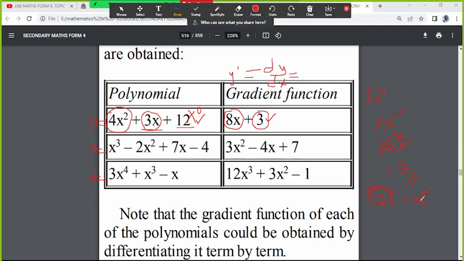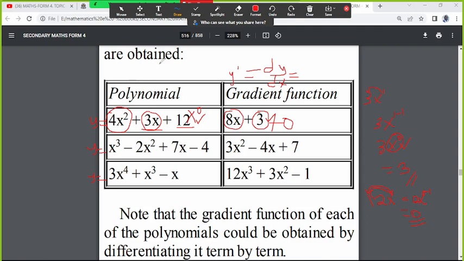Anything multiplied by 0 is always 0. So differentiating a constant gives 0. So this one plus 0, and there's no need of indicating a 0. I want us to make that observation. Let's move to the second scenario, then we do a conclusion.